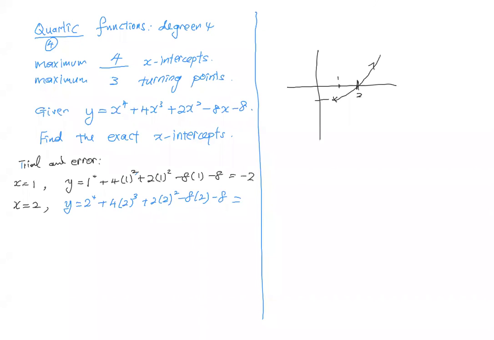I'm very scared of the expansion one. x squared plus 4x plus 4. x to the power of 4, negative 2x squared, 4x cubed, negative 8x, 4x squared, minus 8.